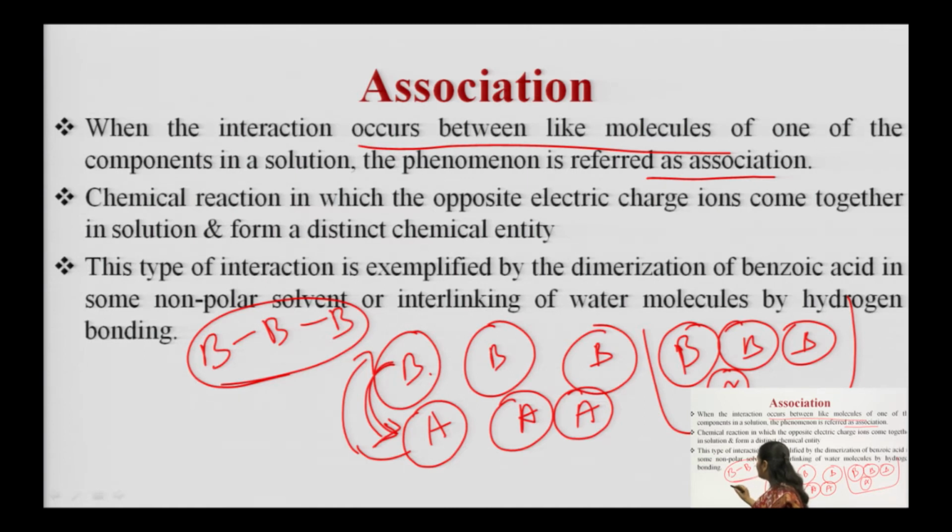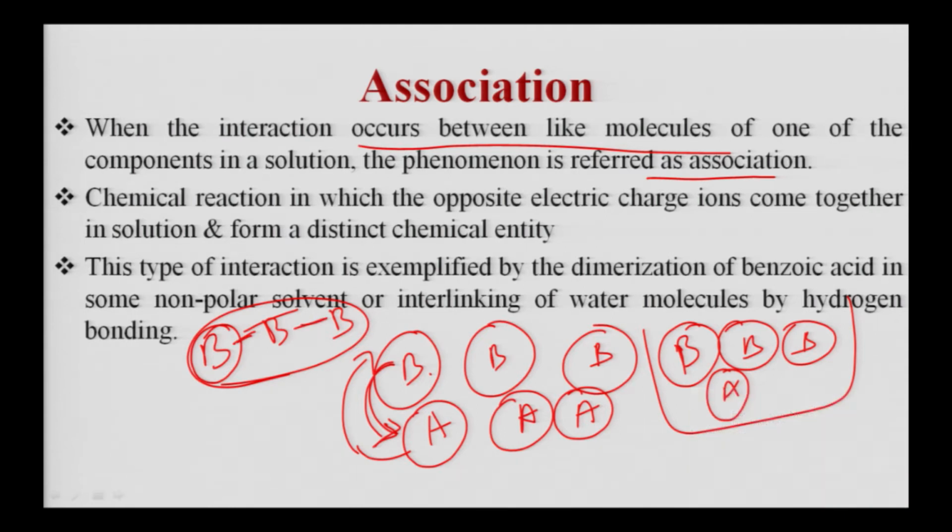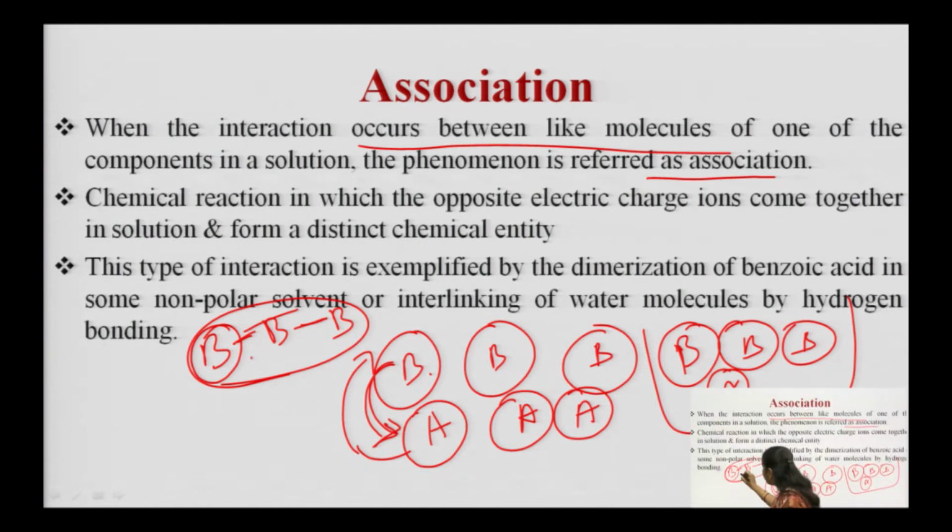One hydrogen atom of a water molecule can form a hydrogen bond with the other water molecule's oxygen atom due to the electronegativity difference. So if we consider water in place of B, they form hydrogen bonds among themselves, forming an association.